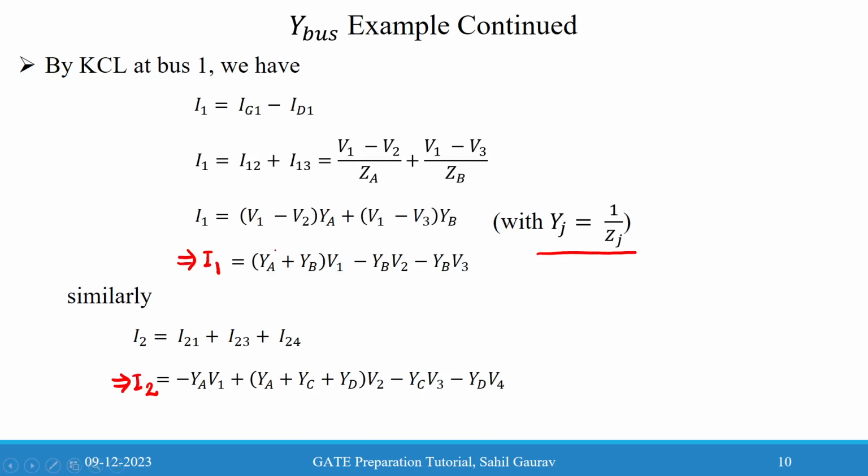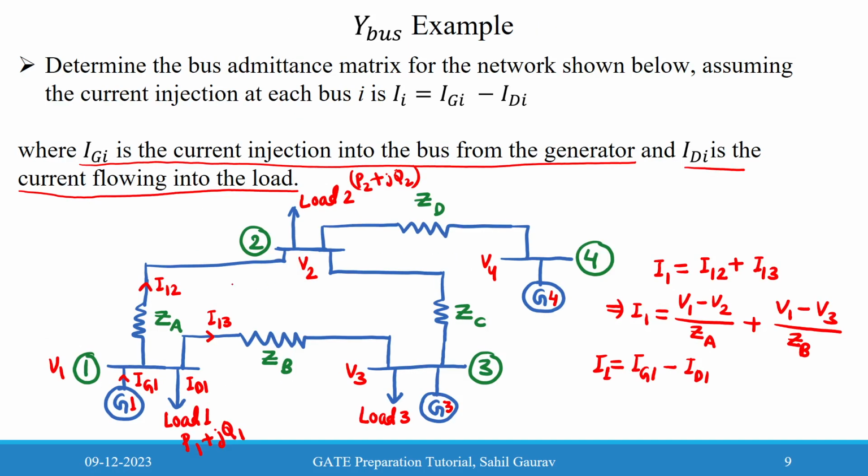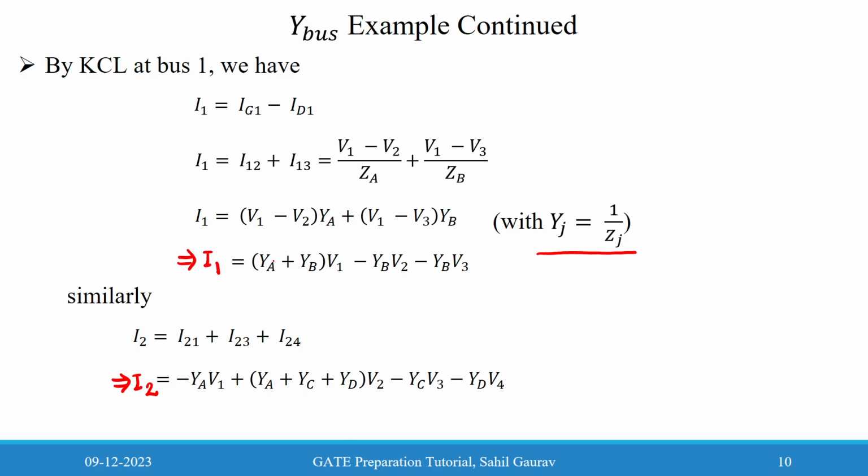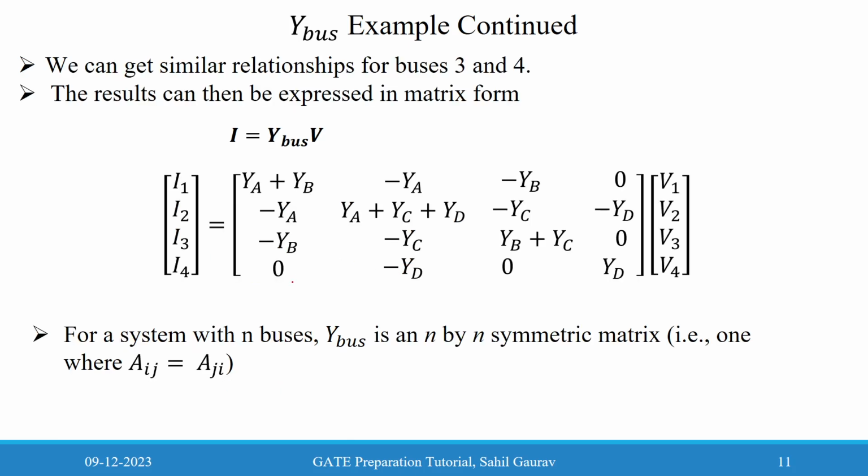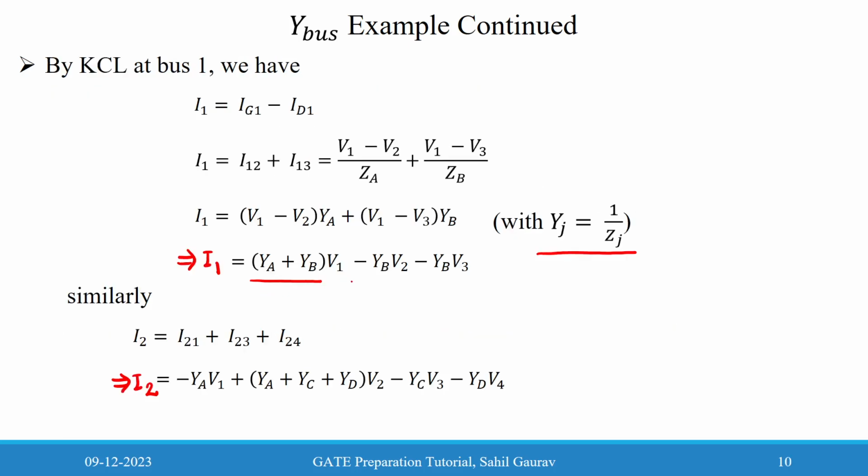So what are some conclusions here? By writing this KCL at bus 1, whatever elements are connected to bus 1, we can directly write their admittance values at the diagonal elements. So YA plus YB we can write here, and for the other elements we just take the negative of that value.